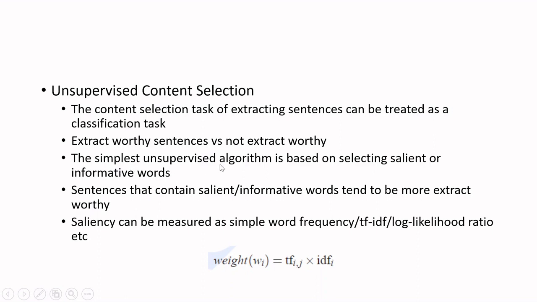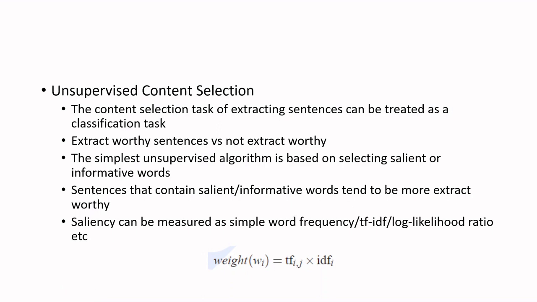The simplest unsupervised algorithm is based on selecting salient or informative words. What are the most important words, or salient sentences, that you have to identify? Sentences that contain salient informative words tend to be more extract-worthy, or provide more information.